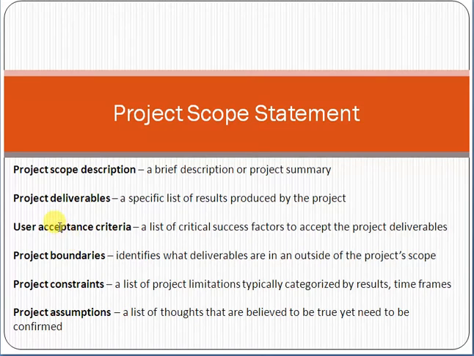User acceptance criteria means the criteria by which the user will accept your deliverable, a list of critical success factors to accept the project deliverables. For example, the customer can say, if all the critical issues in the UAT are solved, they will sign off the UAT phase.